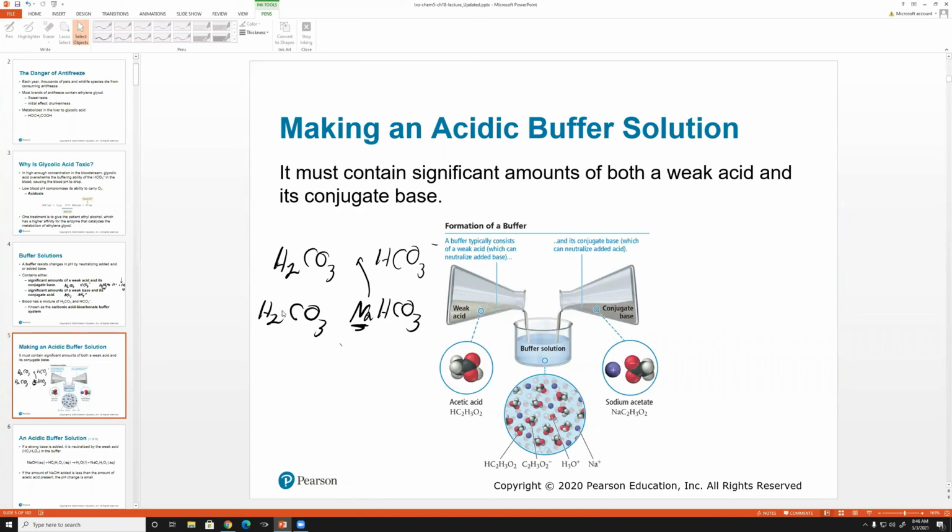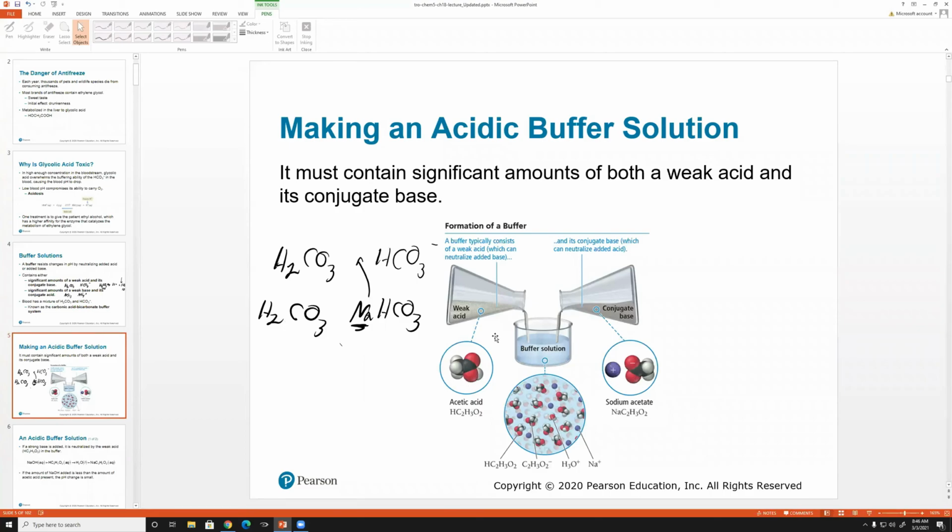We can do that in the carbonic acid bicarbonate system. If we were to make this in a beaker, we could have carbonic acid, and the conjugate base, HCO3 minus, hydrogen carbonate, with sodium or potassium or another kind of ion that would make it a salt. We add both of these solutions into one beaker, and we have a buffer system.